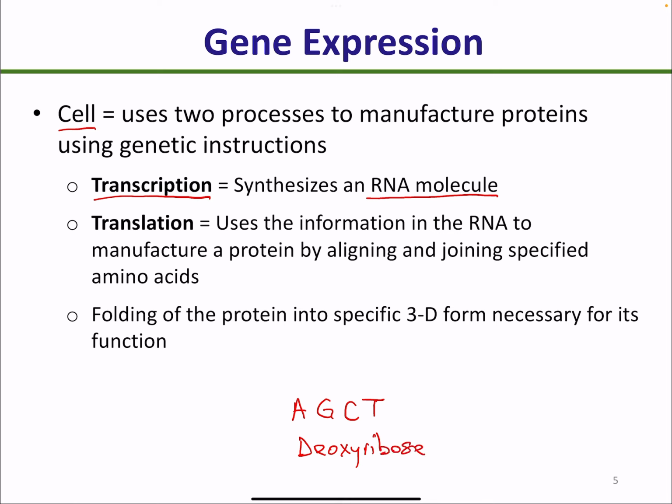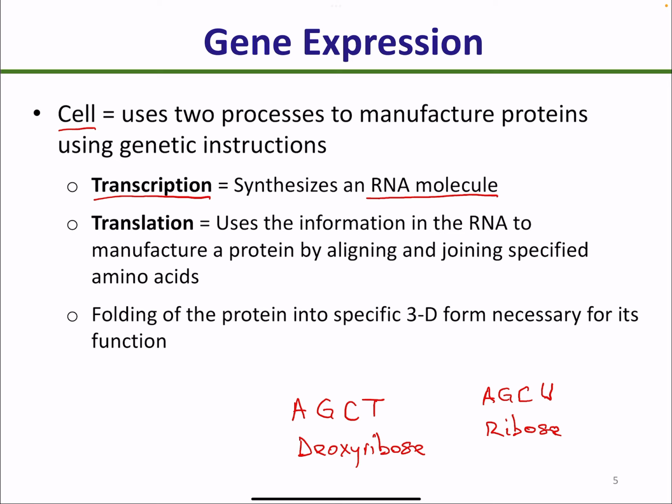However, RNA is going to have as nitrogenous bases adenine, guanine, cytosine, and uracil. In terms of 5-carbon sugar, RNA is going to have ribose.